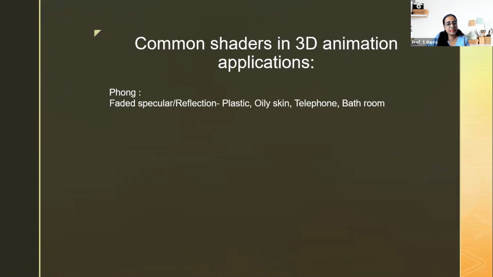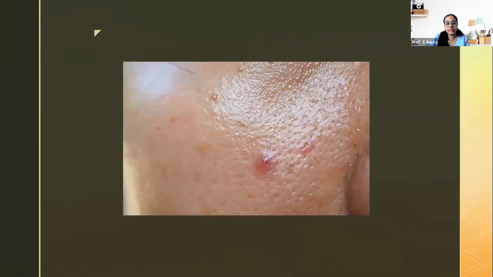The specular line or the radius of the specular isn't very clear, but you can sense something like specular on it. You can sense that the light is reflecting back. You can sense that, yeah, it is shiny but very faded. So that's plastic, oily skin, telephones, and bathroom tiles. See, that's the specular.